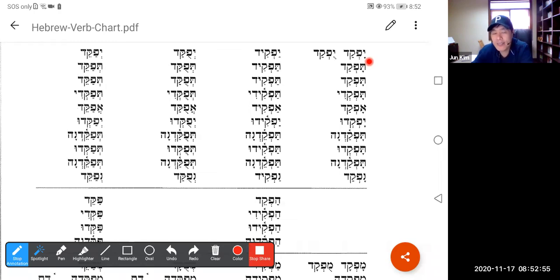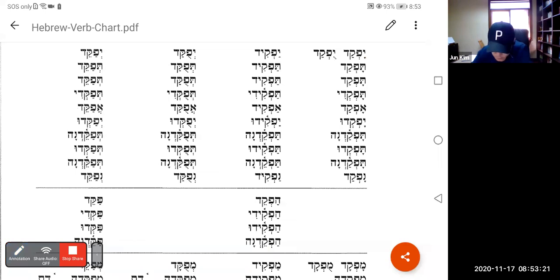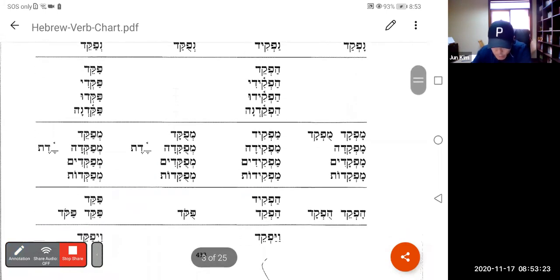Unfortunately, we cannot see the preformative he when you are dealing with a prefix form, because it's sandwiched by the prefix pronoun and the first consonant of the verb. So that's when the preformative he is dropped off. Are you following me? Is that clear? Okay, so then let's move on. Praise the Lord.